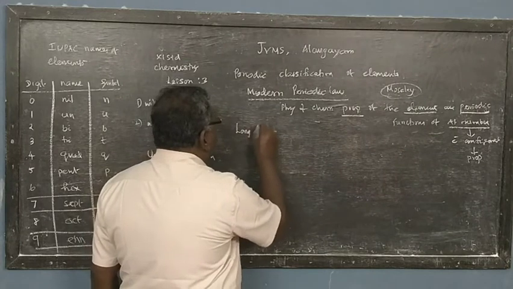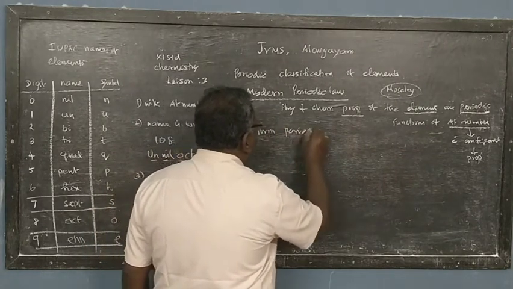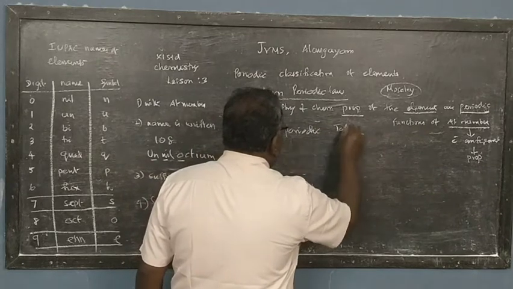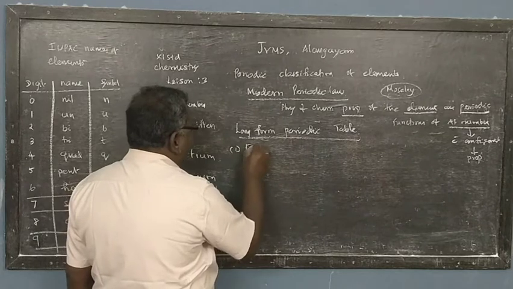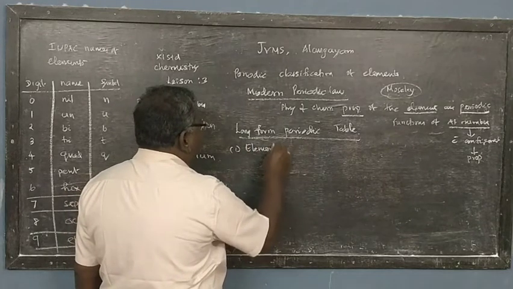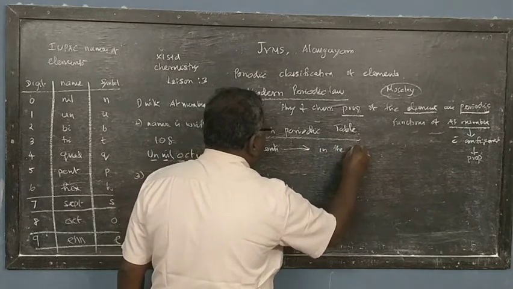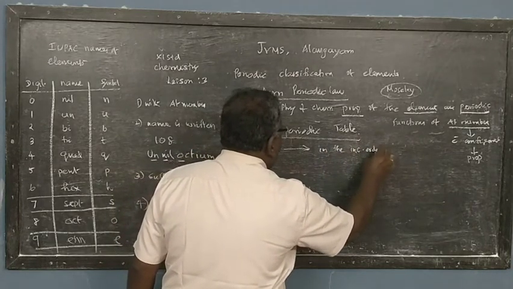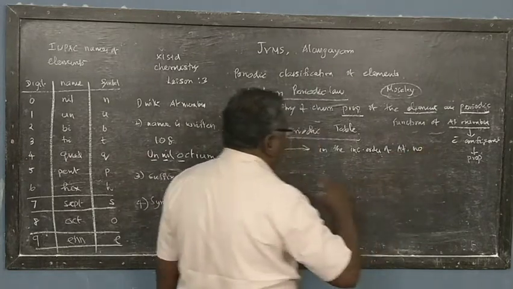So in the long form periodic table, what is observed? Moseley arranged this long form periodic table. Here elements are arranged in the increasing order of atomic number, right?